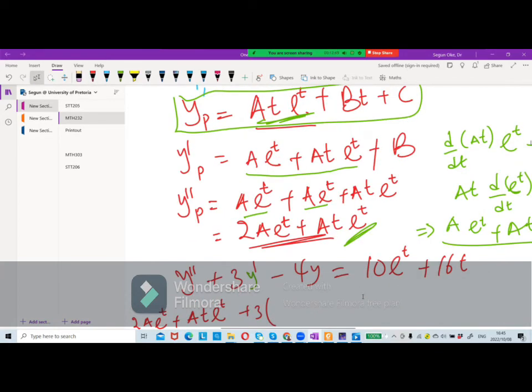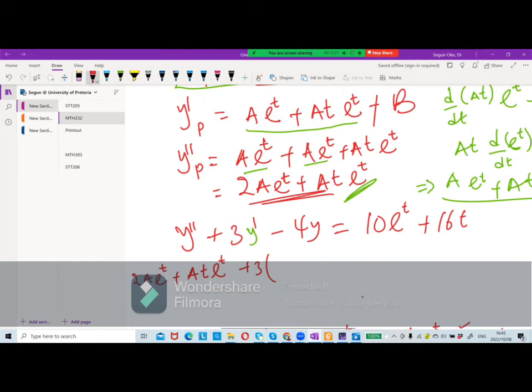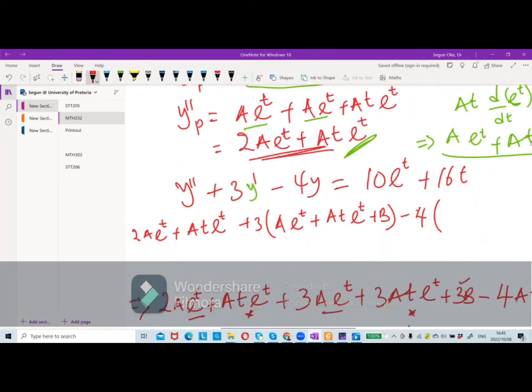What is y prime? Y prime will be a exponential t plus at exponential t plus b, minus 4 in bracket. What is my y? We can also write the y.